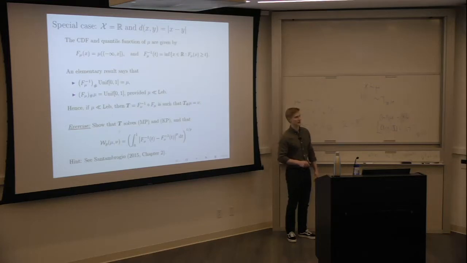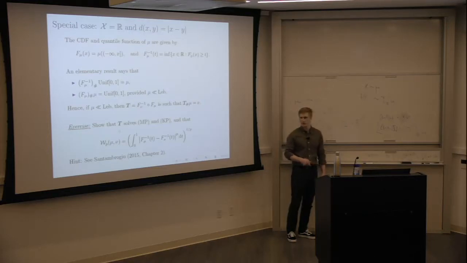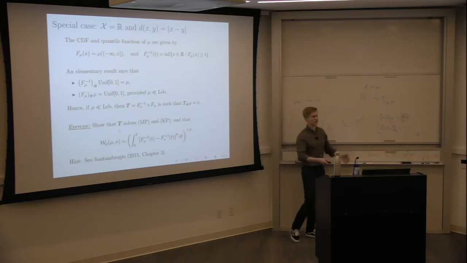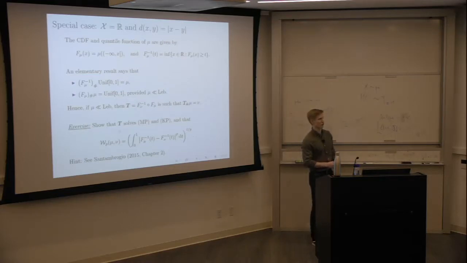And if mu is absolutely continuous with respect to the Lebesgue measure on R, so if it has a density, or if it's a continuous distribution, that's another terminology for it, then if you push mu forward through the CDF, you get a uniform random variable. This is sometimes called the probability integral transform. At least that's the name that I learned it under.